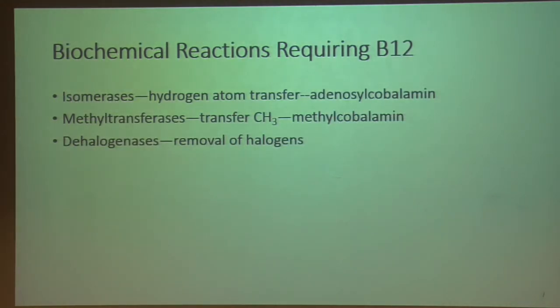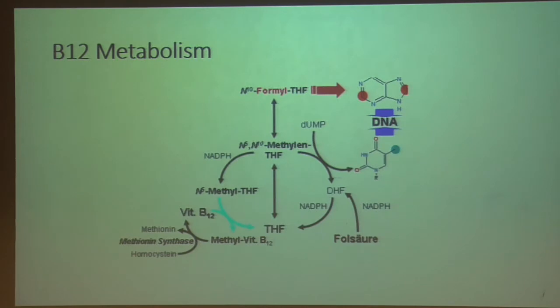So the biochemical reactions that require B12 are transfers of methyl groups and also hydrogen atom transfer. And I don't want to belabor this much. This brings us back to our first year of medical school. But I just want to point out that B12 is important for the conversion of methyltetrahydrofolate to tetrahydrofolate and also for the conversion of homocysteine to methionine.